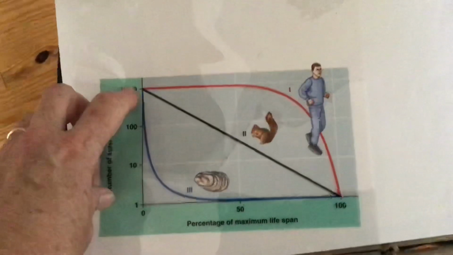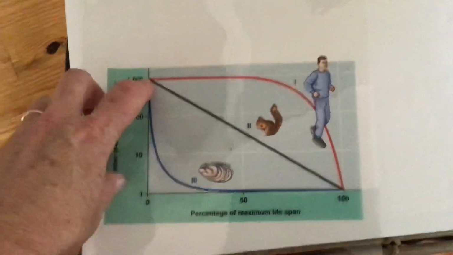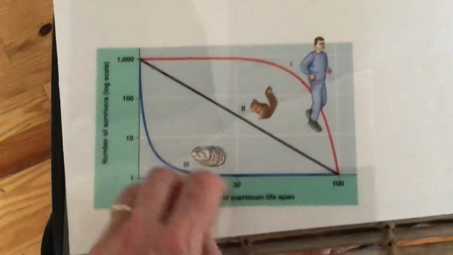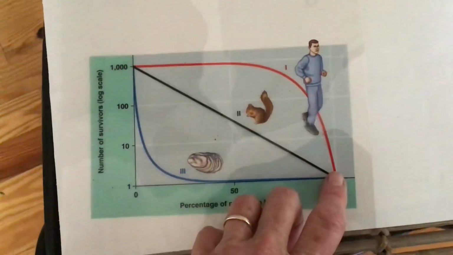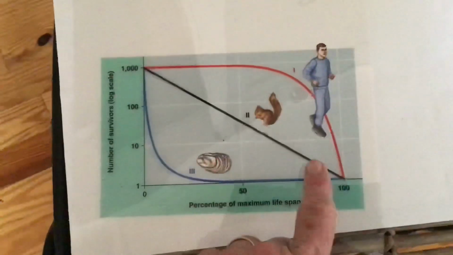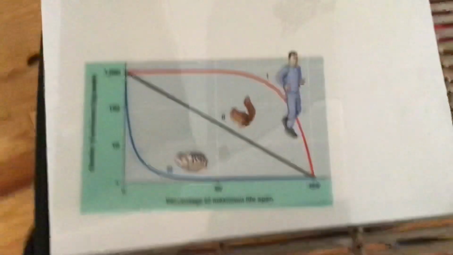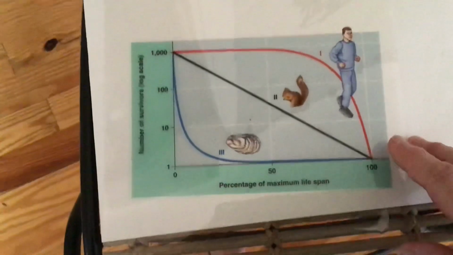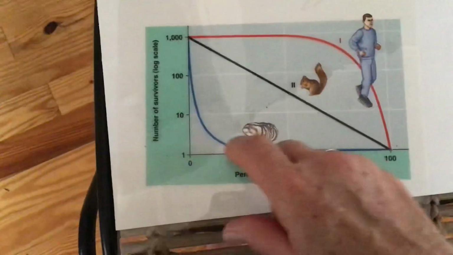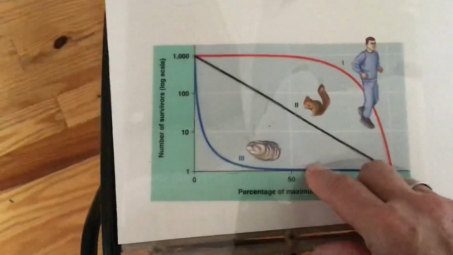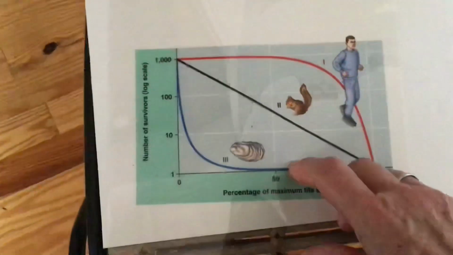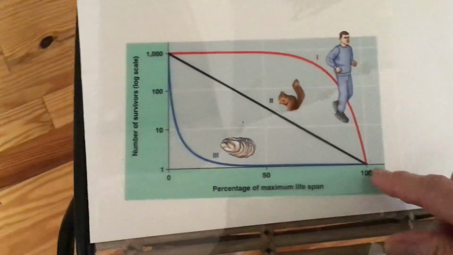Other things that are really small will have huge numbers but die off super quickly, and then only a few live out to the end of their lifespan. And then some things are kind of in the middle. Now, R selected typically goes with this line. So that would be the J curve and this go together, and the K selected goes with this.